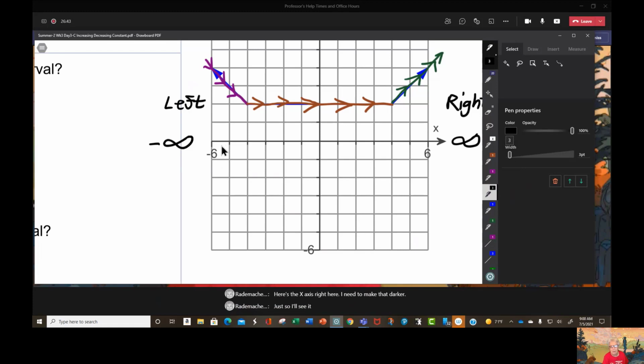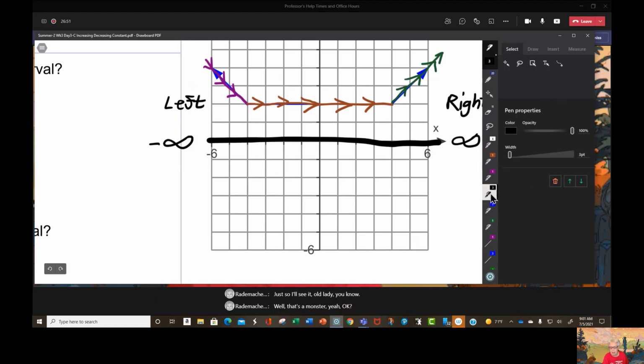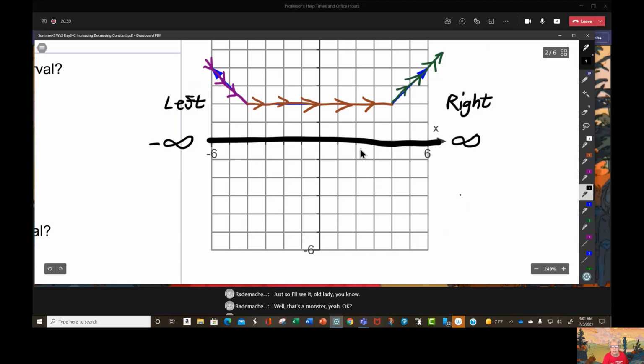Old lady, you know. Whoa, that's a monster. Yeah, okay. There, okay. Here's the x-axis.